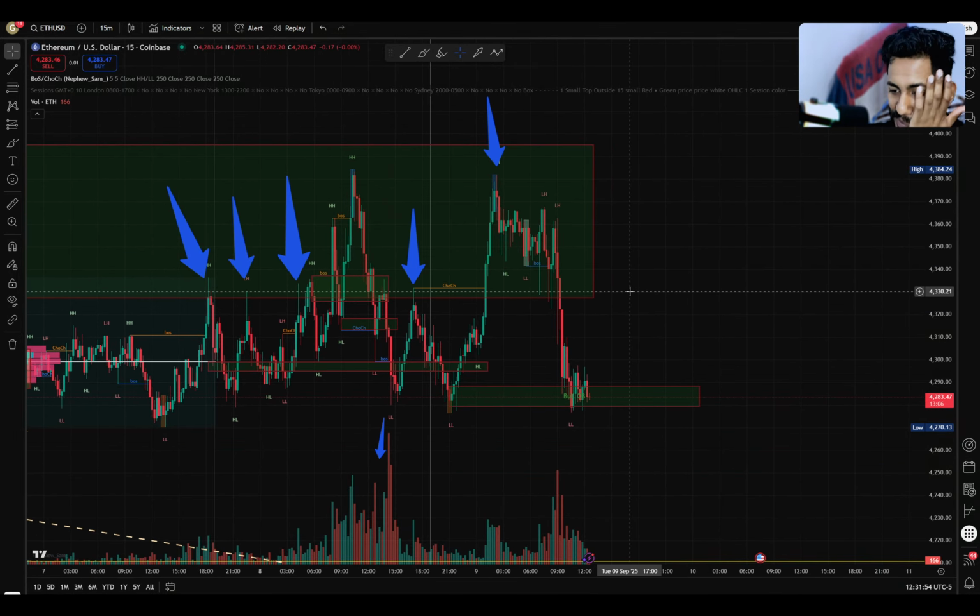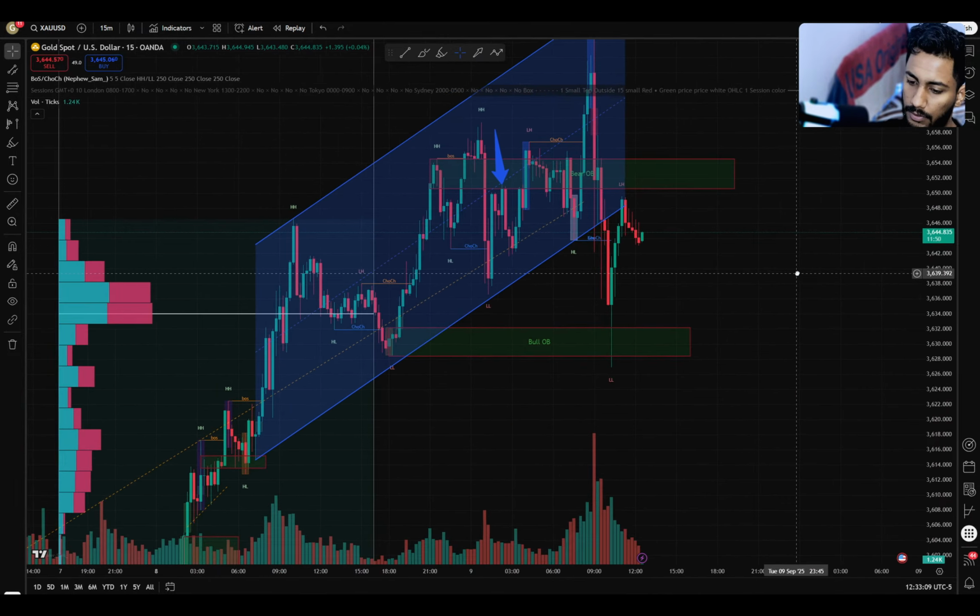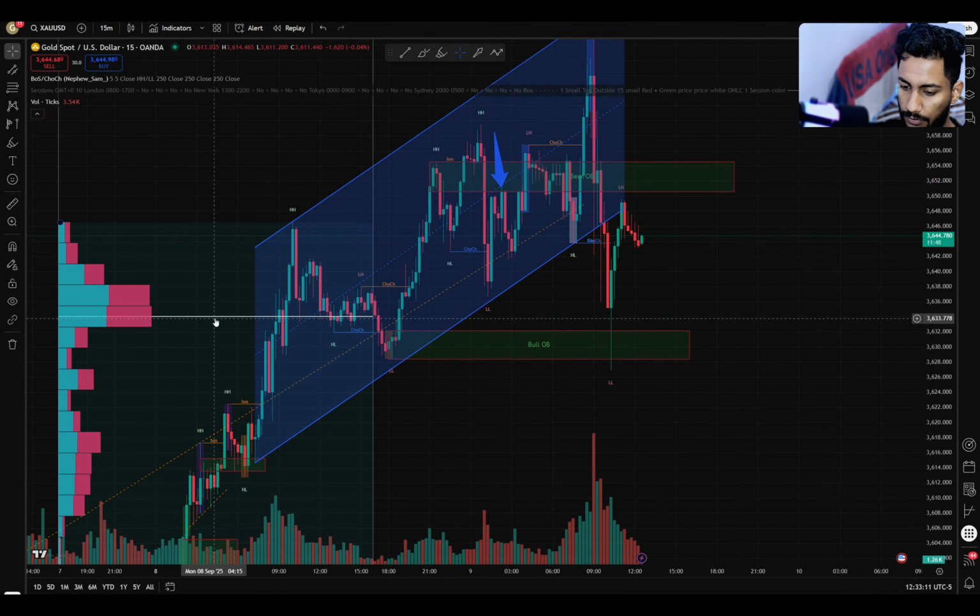Let's see the point of control for yesterday. Look how the point of control has been supported by the price.